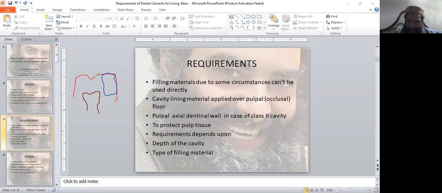If we say that we have designed this type of cavity, we crossed the areas here, so I think we must go there. So this will be our cavity designing.